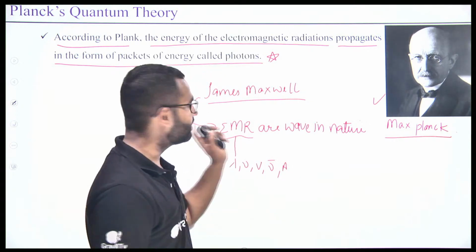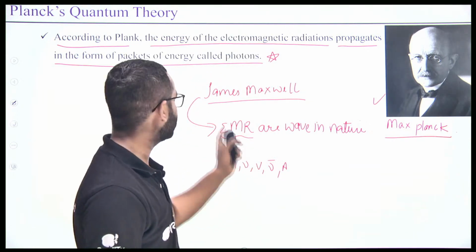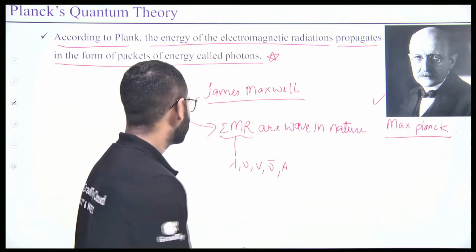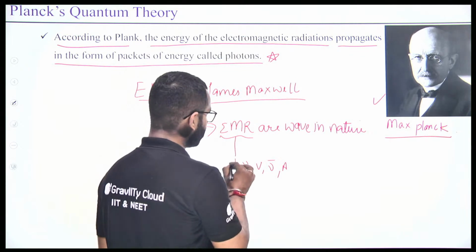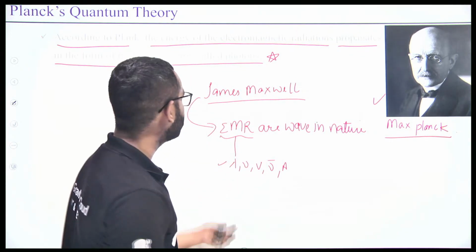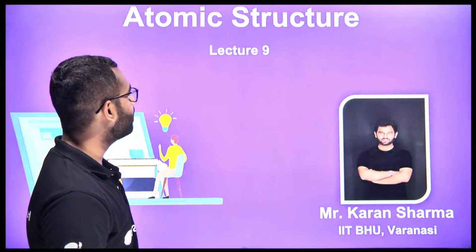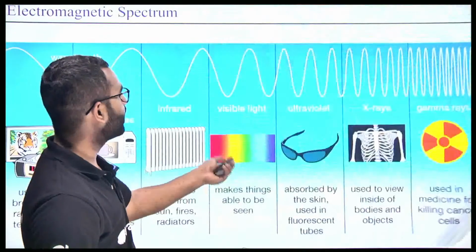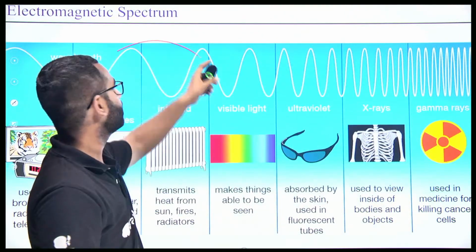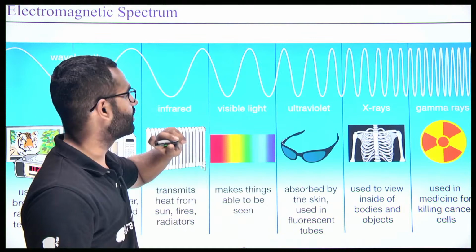So as electromagnetic radiations are also waves, they will also have some lambda and some frequency. That is why we have divided the electromagnetic radiations into different formats according to wavelength and frequency.